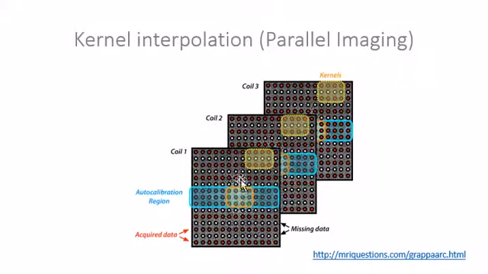This kernel is then used to fill the data points in the whole k-space. This is done via convolution. This convolution in k-space is the same as performing multiplication in the image domain, which is similar to multiplying coil sensitivity maps. So in this way, we are sort of implicitly using the coil sensitivity maps.